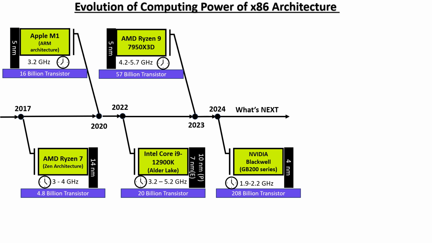There is also the possibility that x86 architecture is taken over by ARM architecture, where Qualcomm and Samsung are putting in a lot of effort. So let's see what happens in the future, but this is a journey of the evolution of how computing power has increased over time in the central processing units used in desktops, laptops, data servers, following the x86 architecture.